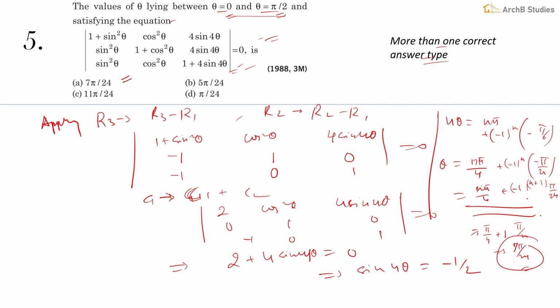Now putting n equal to 2, it will be 2 pi upon 4, that is pi by 2, plus minus 1 to the power 3, that is minus 1 into pi upon 24. Making the denominator 24, 12 pi minus pi by 24 gives 11 pi divided by 24. So the second will be this one. So these two answers are right.